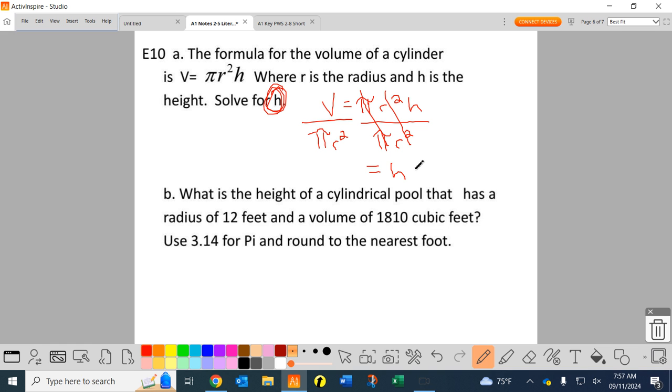Then on the other side, I'm just going to rewrite it where the volume is on the top, and on the bottom you're going to have pi r squared. The volume divided by pi r squared. If you don't know what pi r squared is, that's the area of a circle. So volume divided by the area of a circle is going to give us the height of a cylinder.